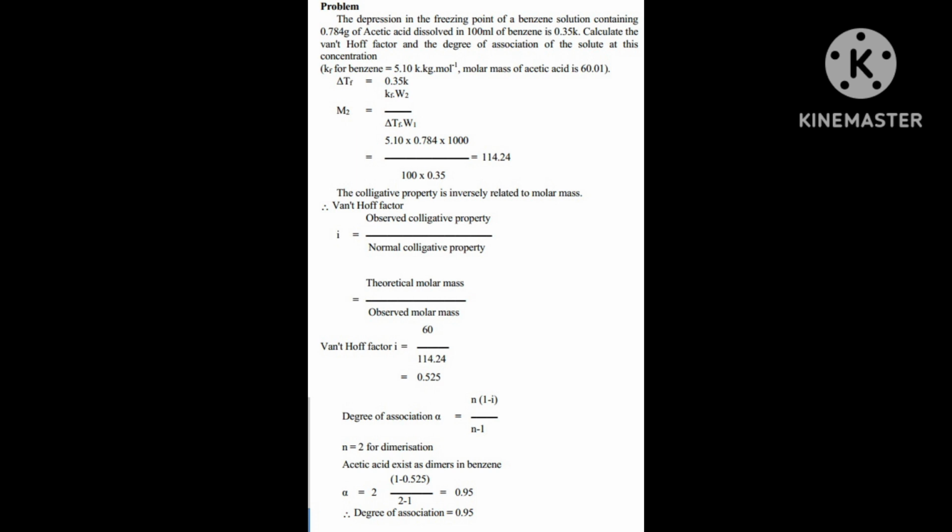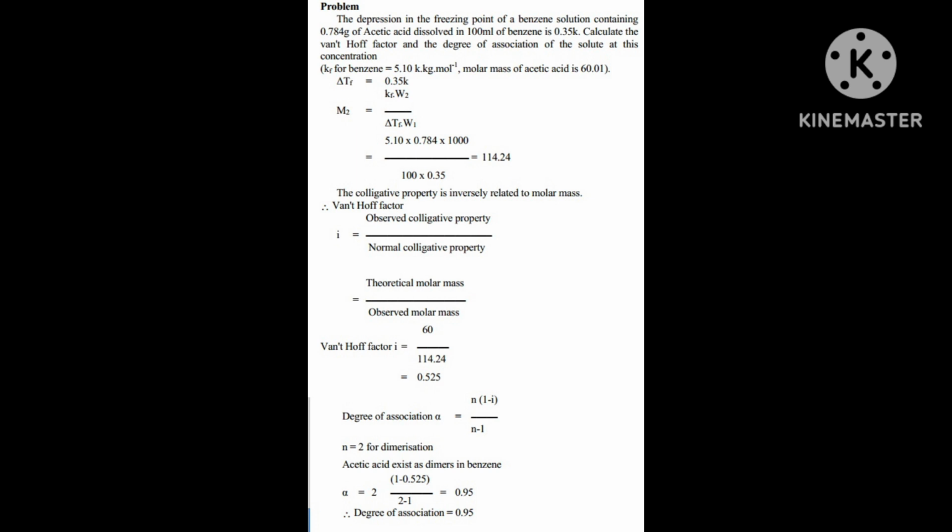Here what is given? Then see, 0.6 ml of acetic acid means the solute they have given in terms of volume, not in gram, it is in ml. First thing, the acetic acid formula they have given so that you can calculate the molecular mass of the solute, and its density is given, 1.06.